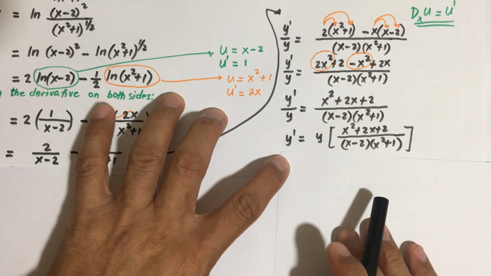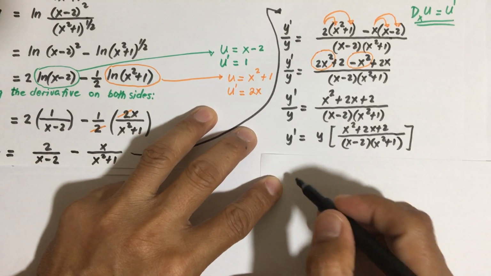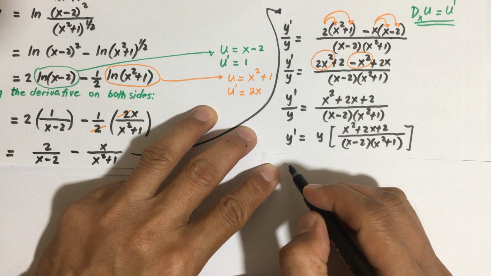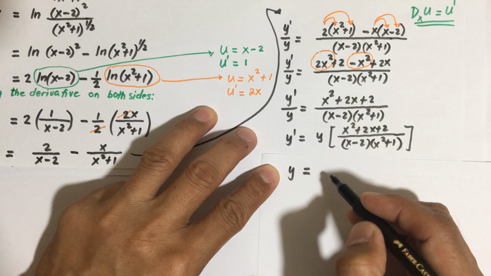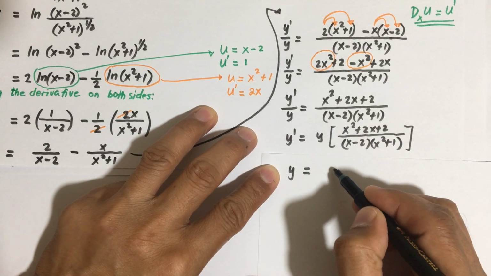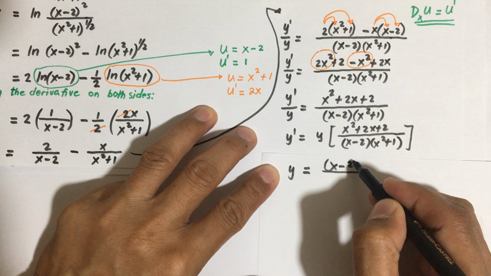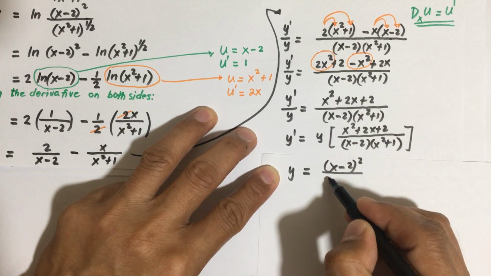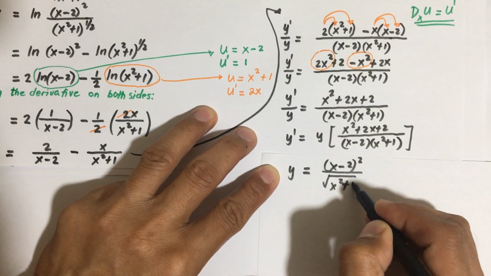Okay, so we know that y is equal to our given. Our given is x minus 2 squared divided by the square root of x squared plus 1.